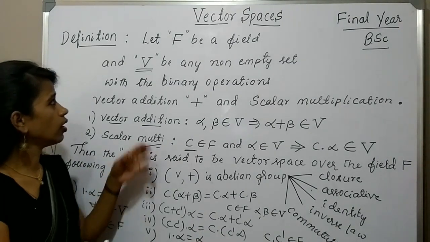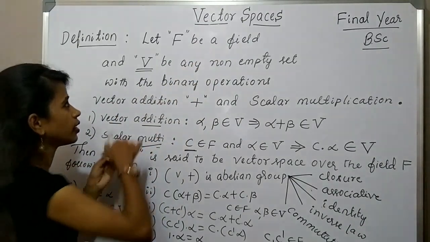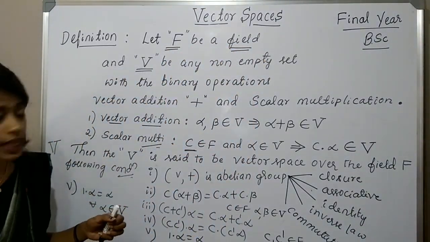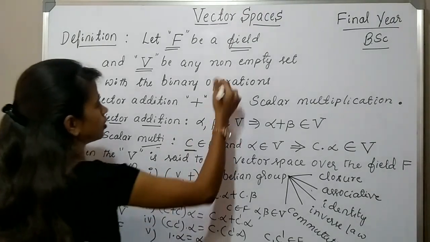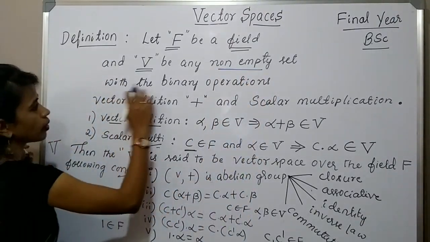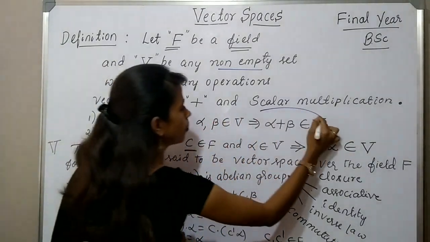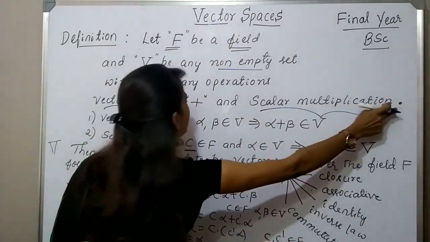So let us recall. Here F is a field and V is any non-empty set with the binary operations vector addition and scalar multiplication, plus and dot.